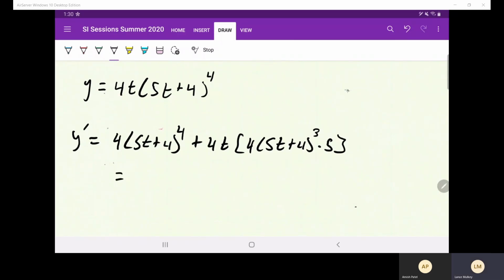And simplifying that down equals 4 times (5t plus 4) to the fourth plus 4 times 4 times 5 is 80. So 80t times (5t plus 4) cubed.